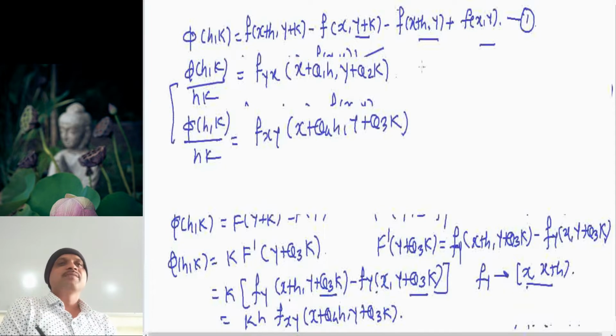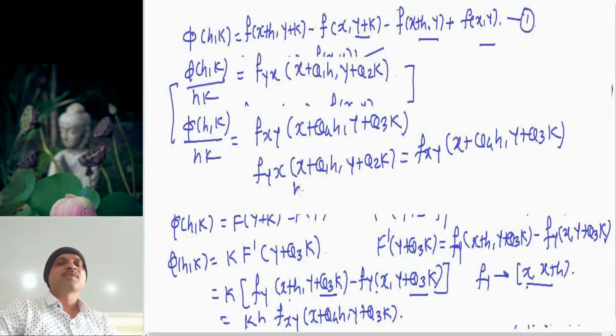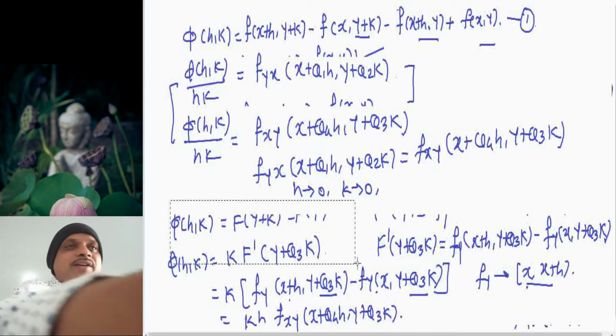That means f_yx at x plus theta 1 h, y plus theta 2 k equal to f_xy at x plus theta 4 h, y plus theta 3 k. So as h tends to 0, k tends to 0, if we take this value equal to 0, then you observe that we get the required result.